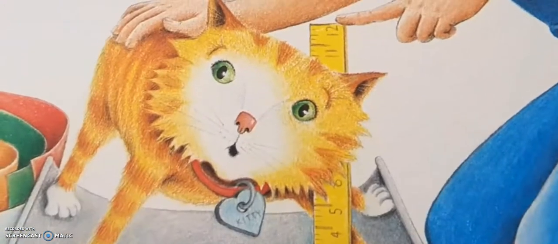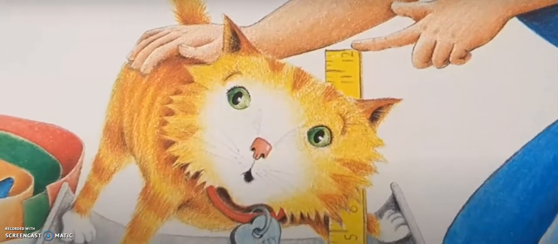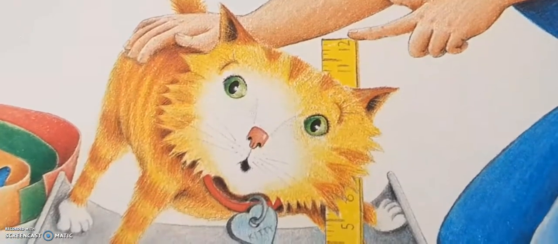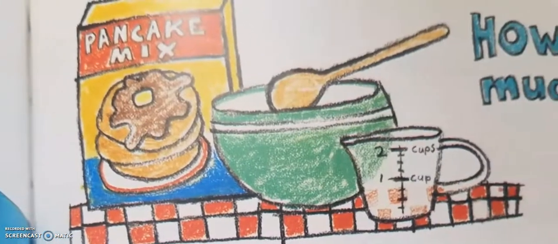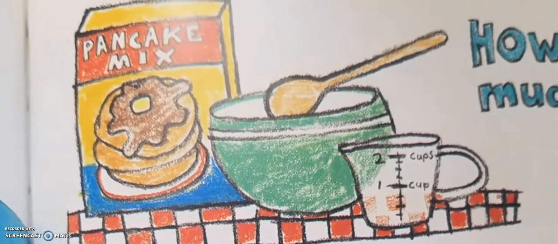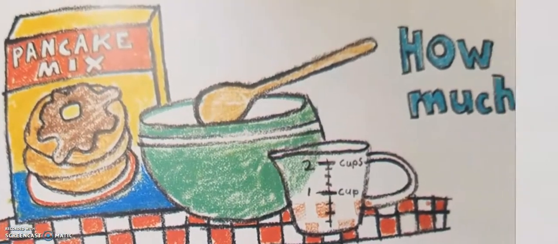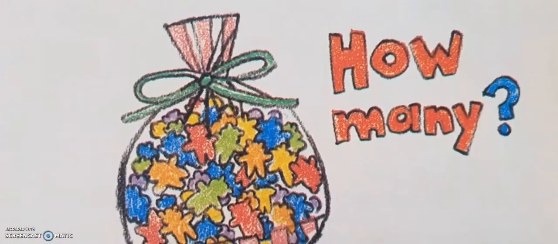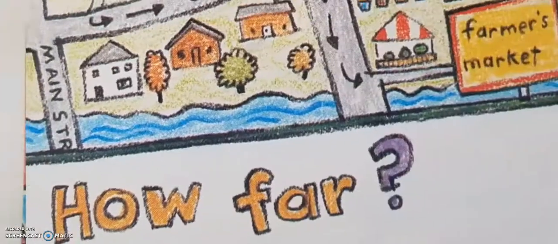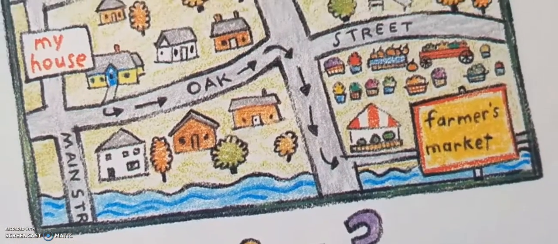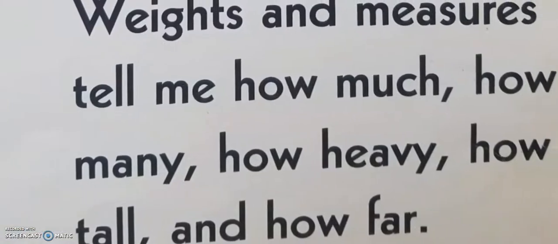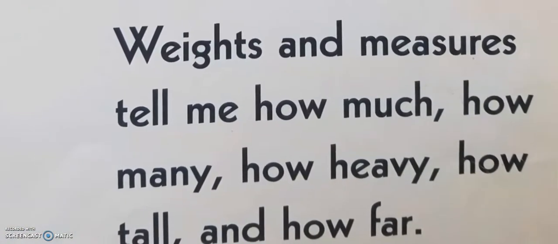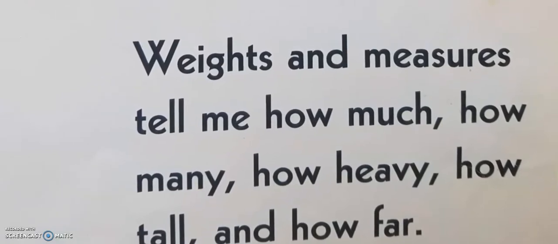Whenever I want to know the size of something, how much it weighs, how long it is, I figure it out with weights and measures. How much? How much baking mix do I need for pancakes? How many ounces of dough are there in a bag? How far? How far is the farmer's market from my house? Weights and measures tell me how much, how many, how heavy, how tall, and how wide.